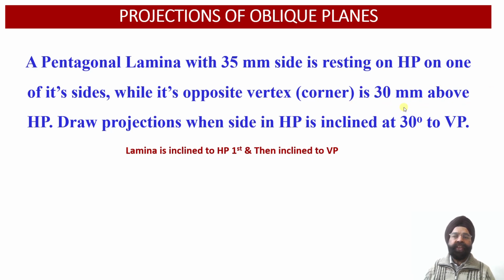So what information is provided to us through this particular statement? That is, we have not been provided with the angle of inclination of the surface of the pentagonal lamina with respect to HP.